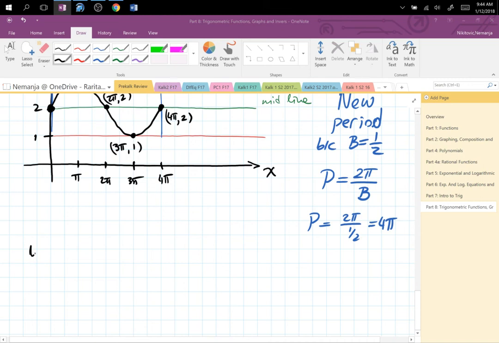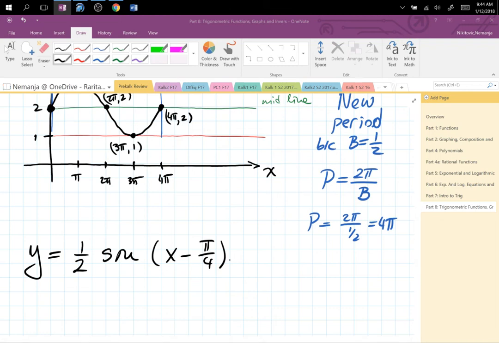So let's go with y equals, how about the half on amplitude this time, because we can. Sine of, let's go with x minus pi over 4. And you know what? Let's leave d out of the picture. So d is 0, so green line is on our midline on the x-axis.